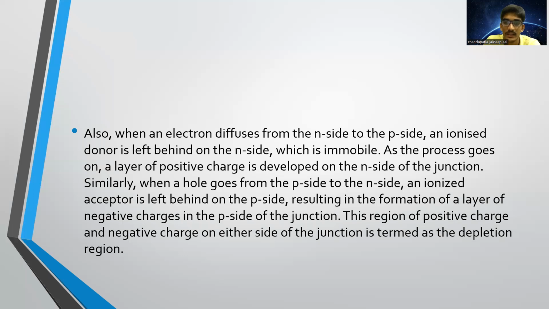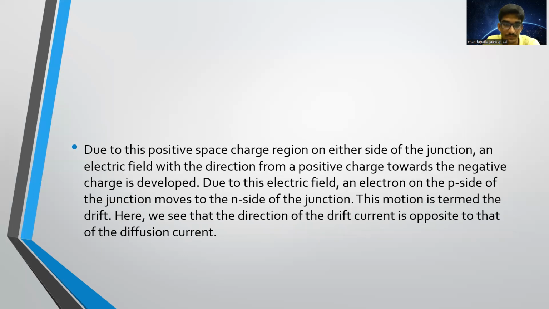So the negative charges are generated at the p side and the positive charges at the n side. These negative and positive ions are collected on one side, which is called the depletion region, where it forms a barrier to the movement of holes and electrons from one side to the other.